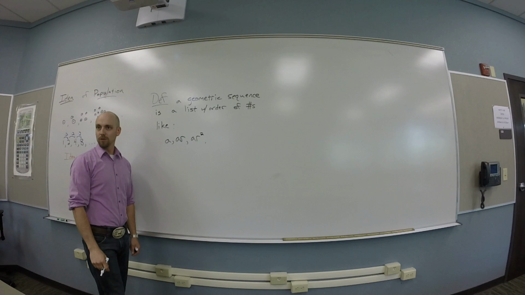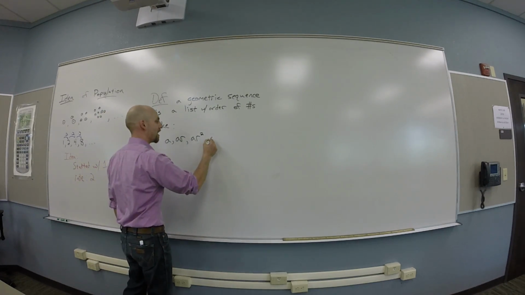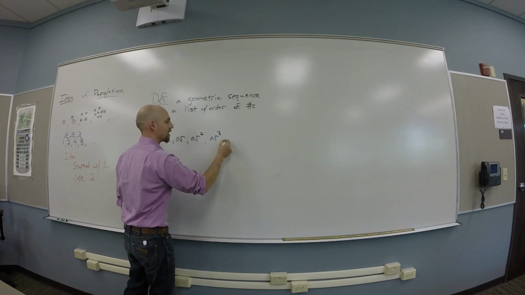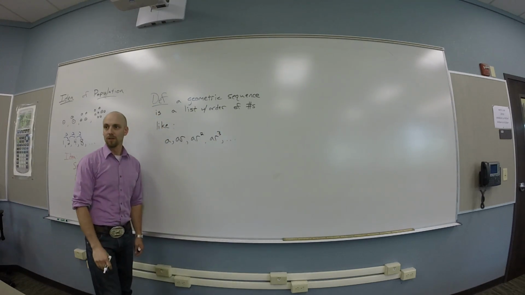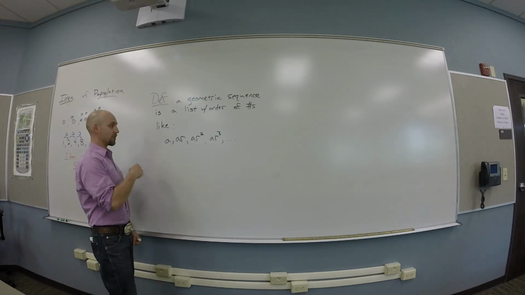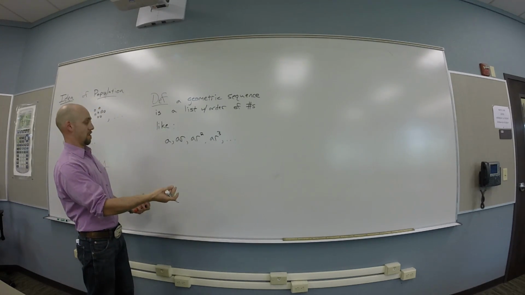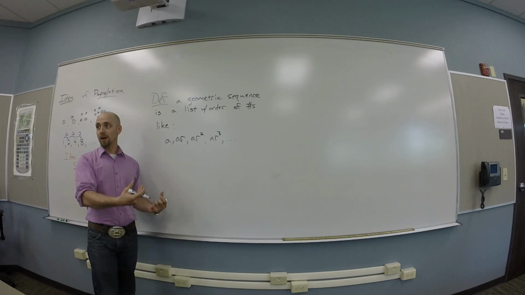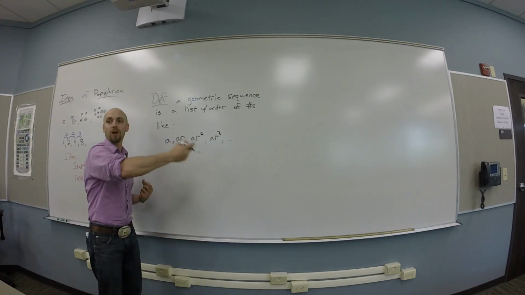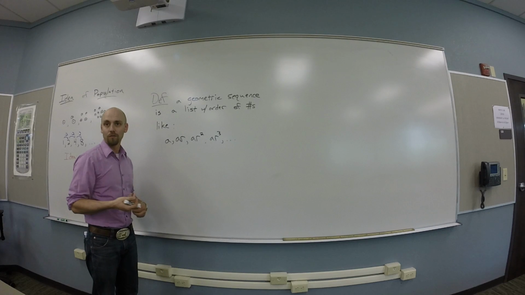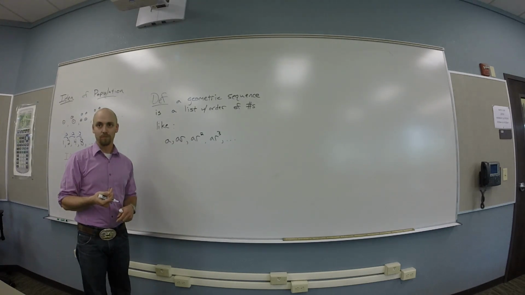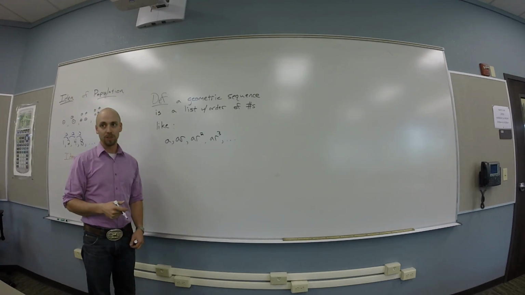And then the next thing you do is you multiply by R again, and you get AR cubed, and so forth. You guys follow this? This is literally just this idea of starting with an amount and multiplying by a consistent factor of R. Cool. This is what a geometric sequence is.